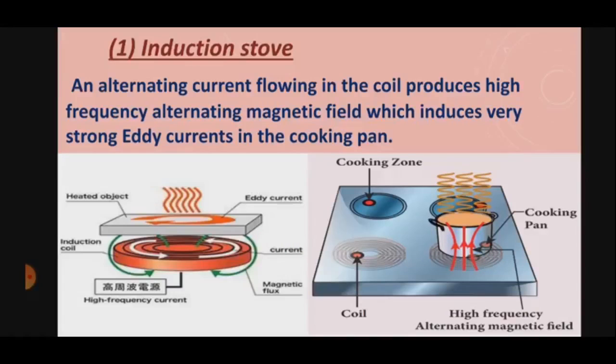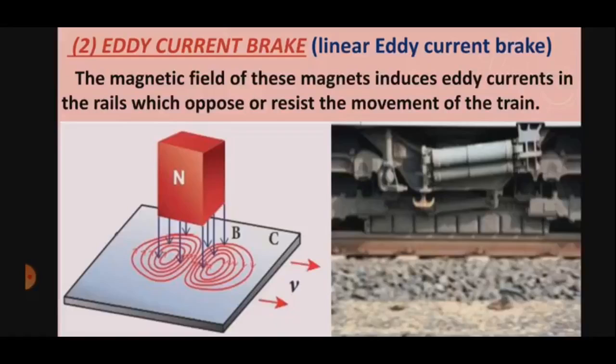Understand? Okay. Then the second application, the eddy current brake. There are two types of eddy current brake: one is a linear eddy current brake and the other is a circular eddy current brake.